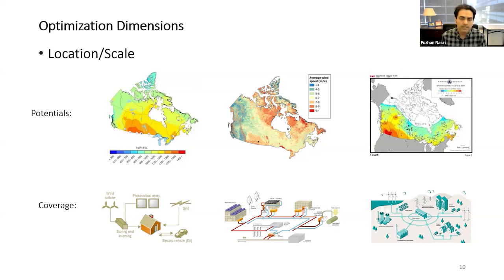So where would be the best location to implement such a thing? What would be the ideal communities to look for? And even in the case of more stable renewable energy sources like geothermal, the potentials are varying, and that highly depends on the extent of conductivity at the soil level.